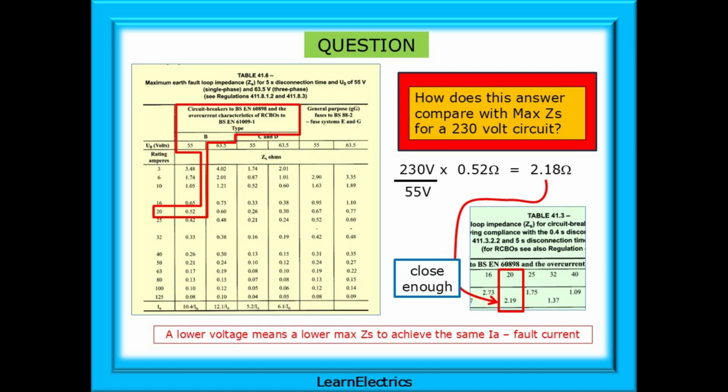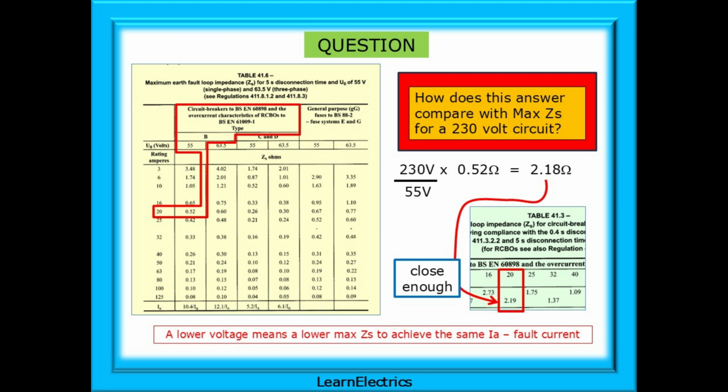We are talking about 55 volt systems here and comparing them to 230 volt circuits. So 230 volts divided by 55 volts and multiplied by 0.52 is a ZS of 2.18 ohms. Table 41.3 shows a ZS of 2.19 ohms for a 20 amp breaker, and 2.18 is close enough for me.